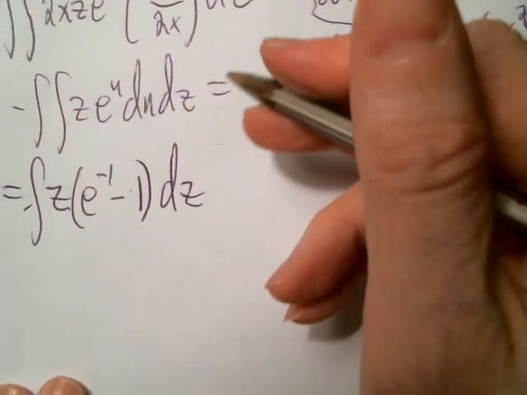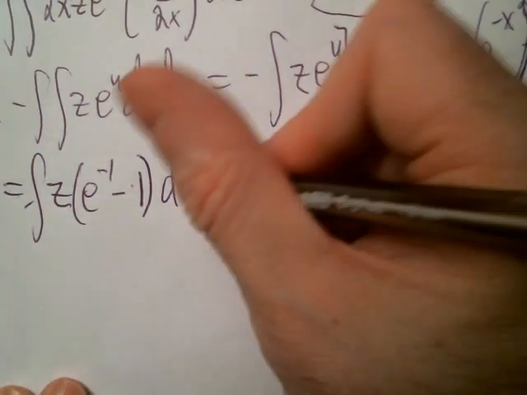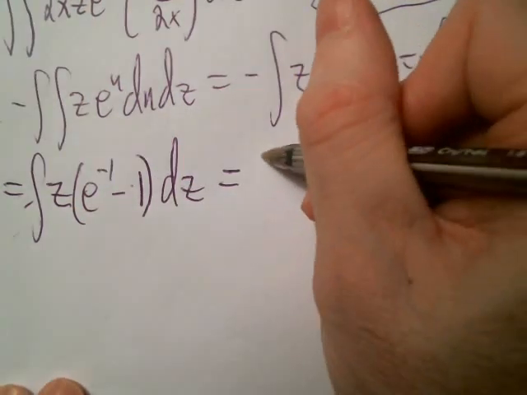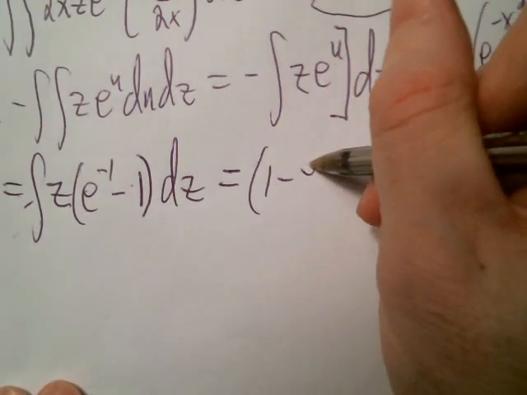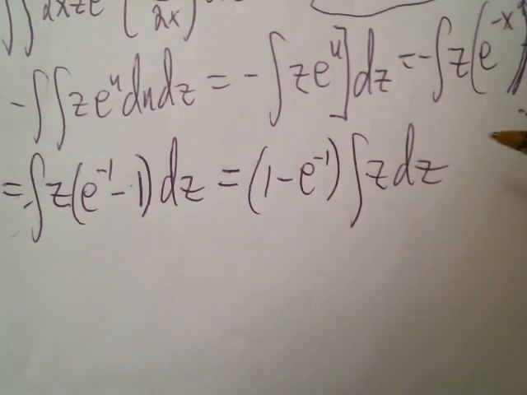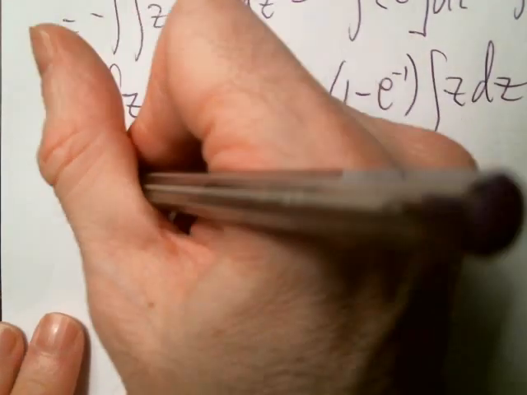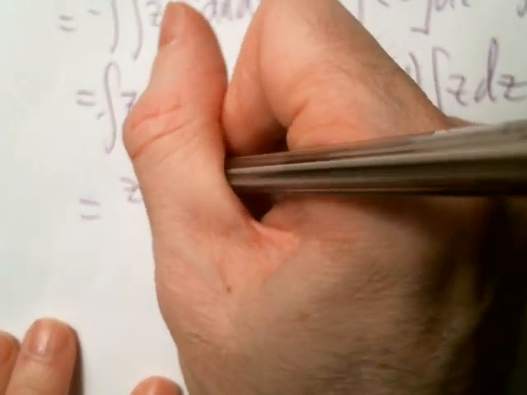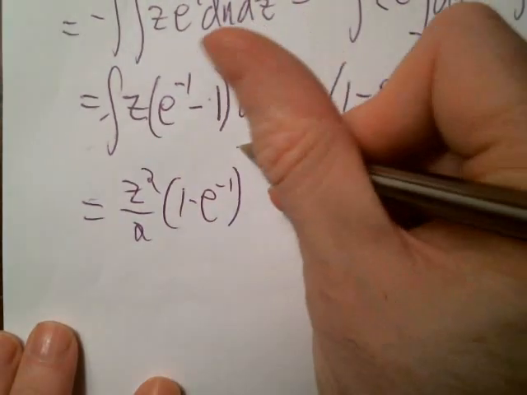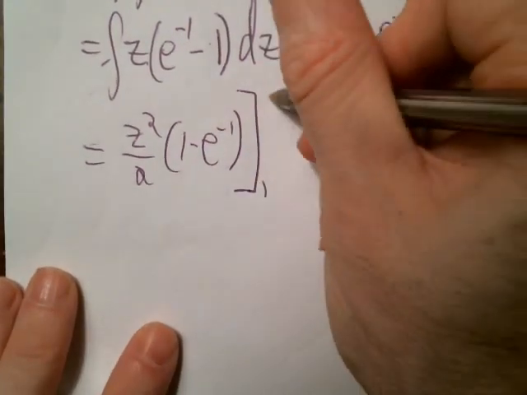This whole thing then becomes a constant that you can pull out in front. And then distributing this negative into this, e to the negative 1 minus 1 will become 1 minus e to the negative 1. And then the integral of z dz is z squared over 2. So I'll have z squared over 2 times this constant, 1 minus e to the negative 1, evaluated from 1 to 4.